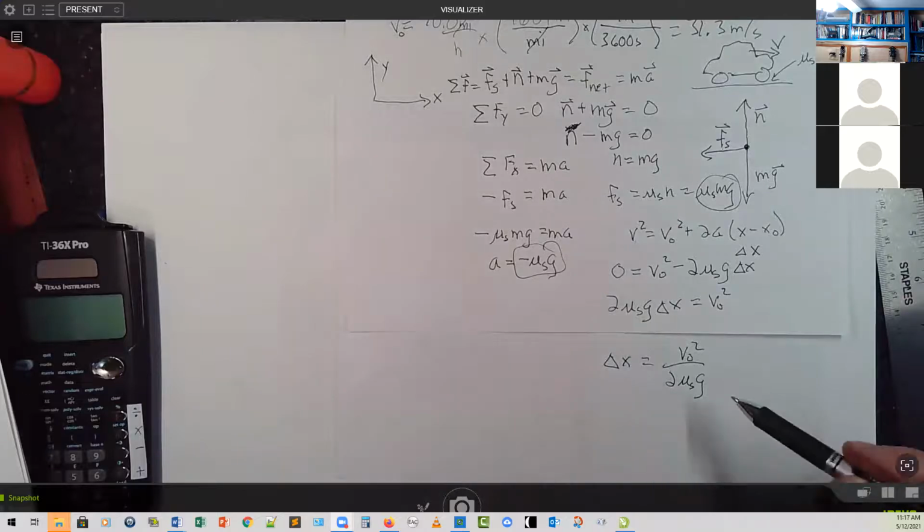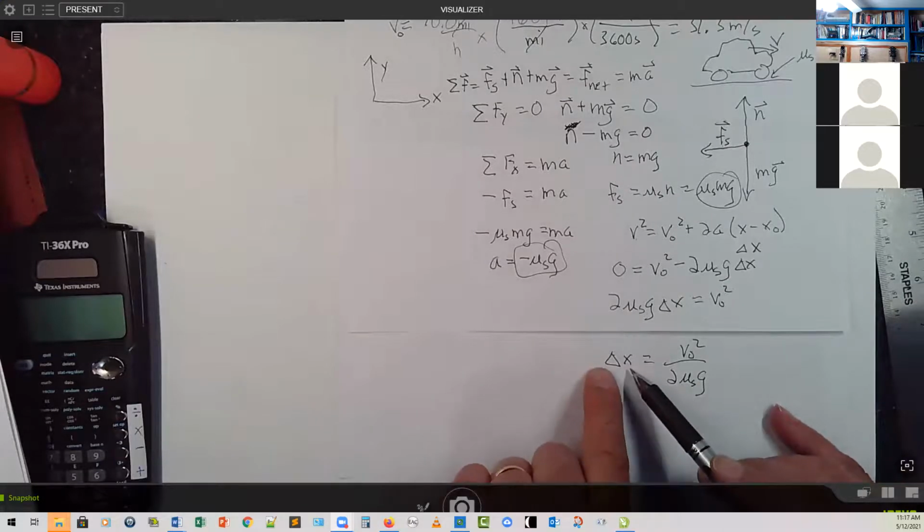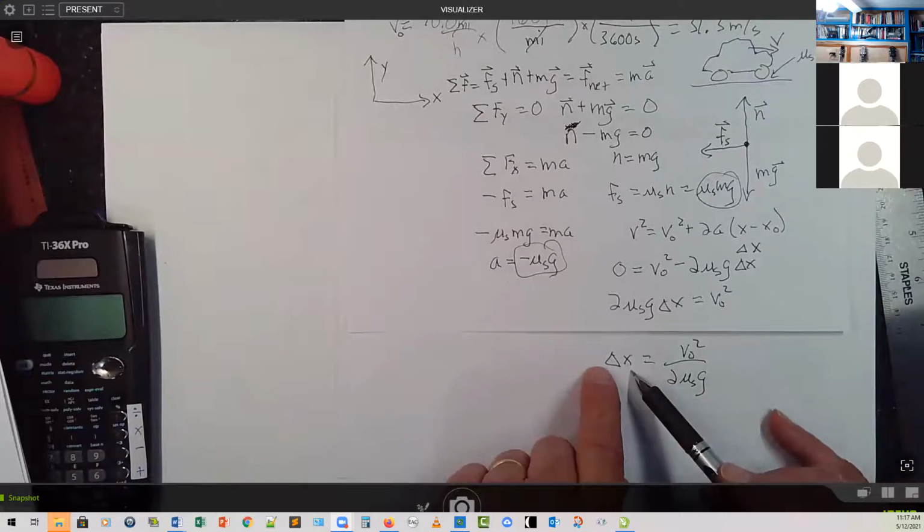Now that's kind of a handy expression, and it tells me a few things. One, the smaller mu sub s is, the bigger delta x is going to be. Small mu sub s means slick surfaces. So if you're on ice, it's going to take you a lot longer to stop.